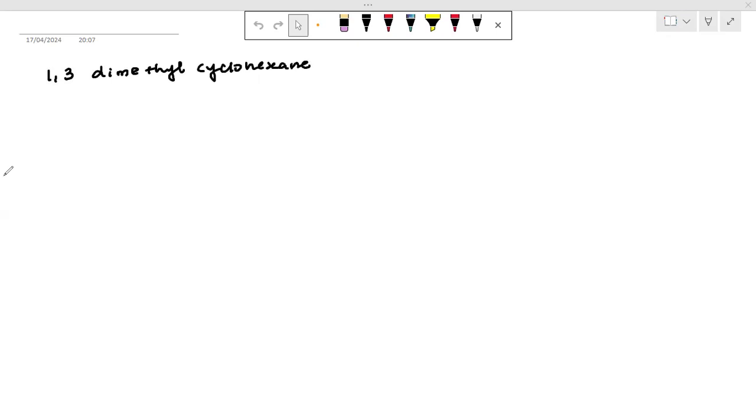What are the possibilities we have seen in 1,3 dimethyl cyclohexane? If it is trans in 1,3, then one is axial, one is equatorial, and in another set, one is axial, one is equatorial.